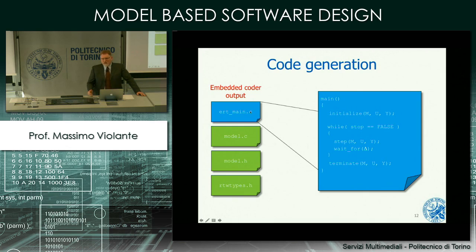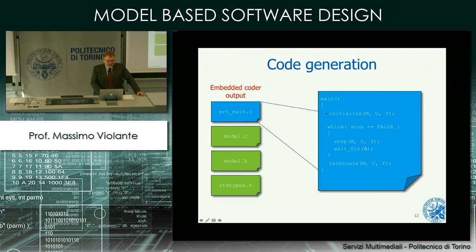ERT_main.c is always the same, no matter how complex your model is. This is because ERT_main.c is template specific, not model specific. If you select ERT.tlc, whatever the model is, you will always have this file.